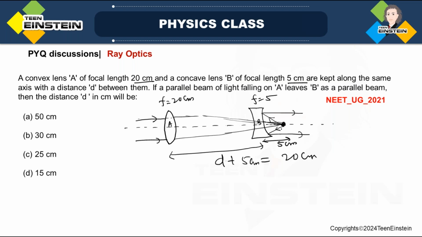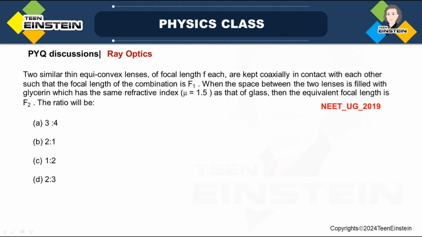These are A, so this is lens A, this is lens B. See, these parallel rays after refraction will actually meet at the focus, right?